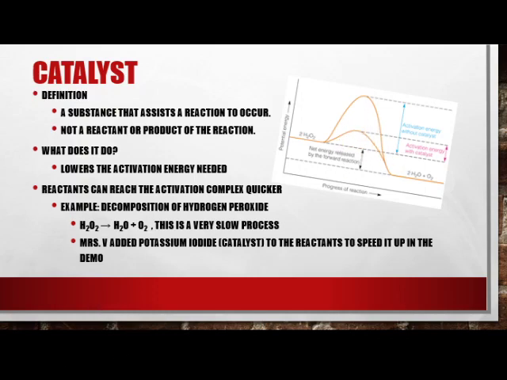And I know in your questions from your reading that was on Google Classroom that you guys had to research a biological, something in your body that is a catalyst. There are tons and tons of catalysts inside your body. They're called enzymes. And basically they come in and they help make something happen that needs to happen.